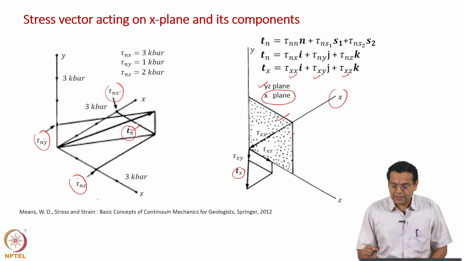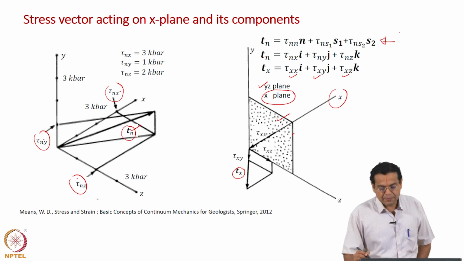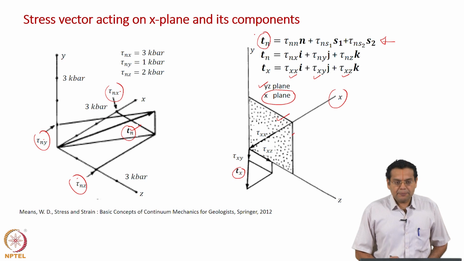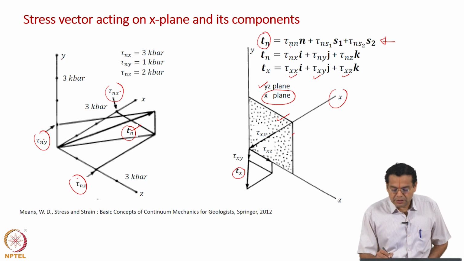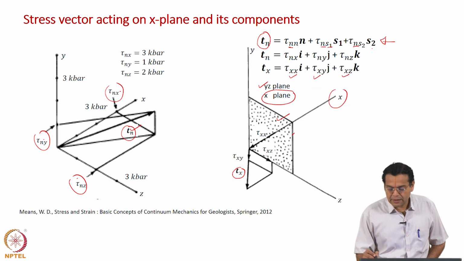How do you interpret that? Let us look at the first representation of the stress vector acting on any plane. The first subscript was n, and we resolved along the coordinate axes associated with the plane, so the second subscript is n, s1 and s2, the coordinate directions.